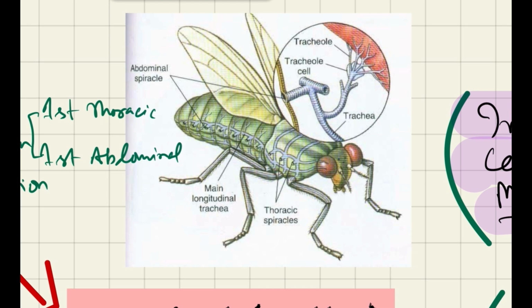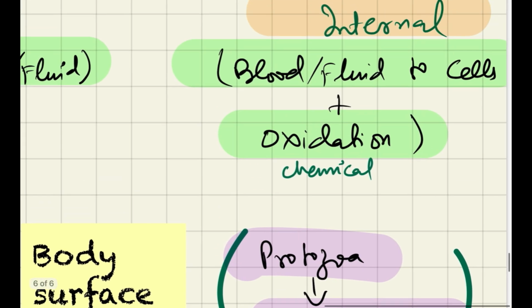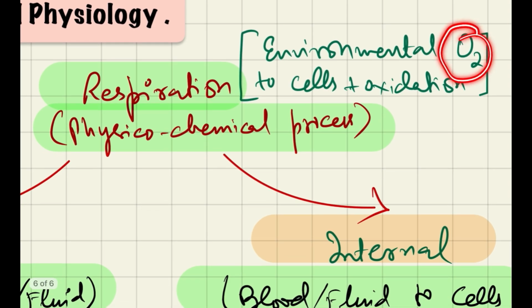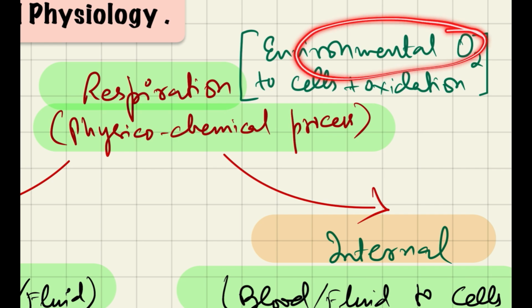One more important thing, which I forgot here in the definition of respiration itself, it is not only about the oxygen but the removal of carbon dioxide as well, means the transfer of environmental oxygen and the removal of the metabolic carbon dioxide.